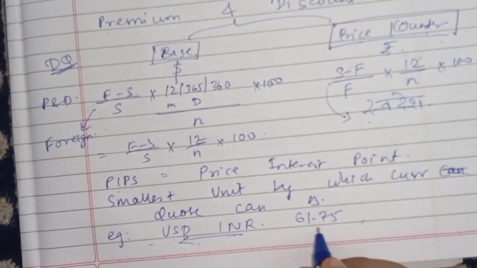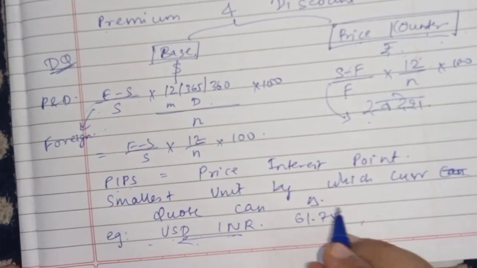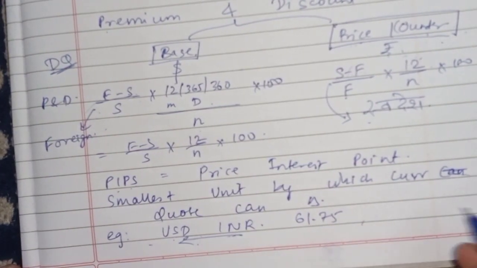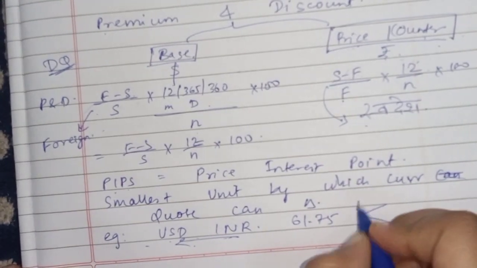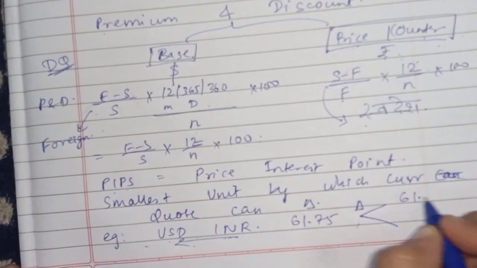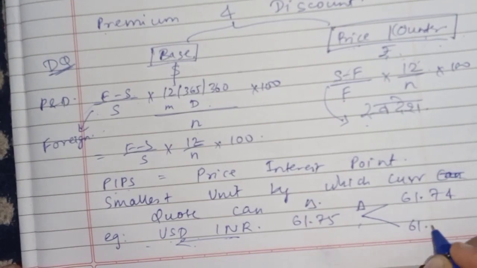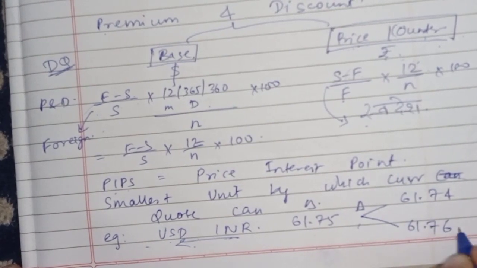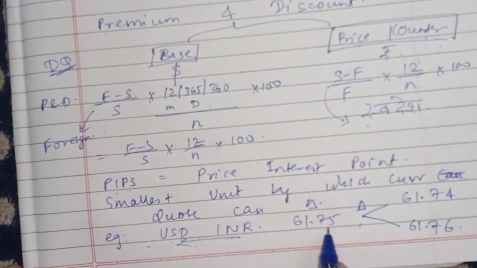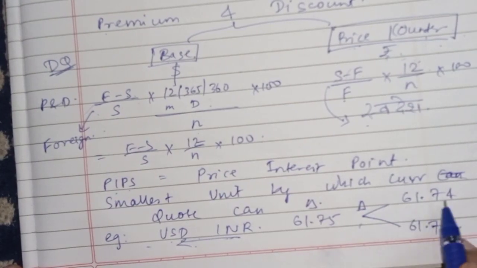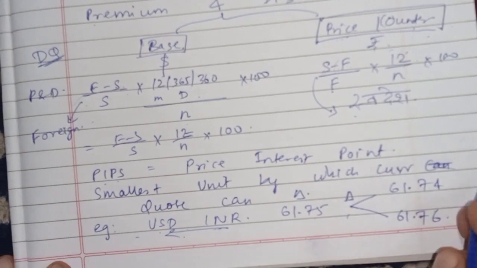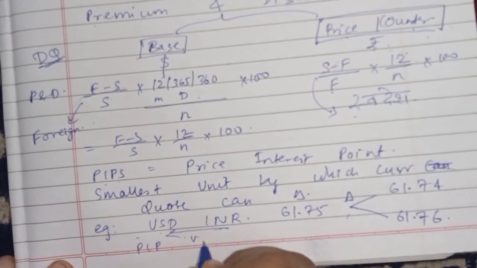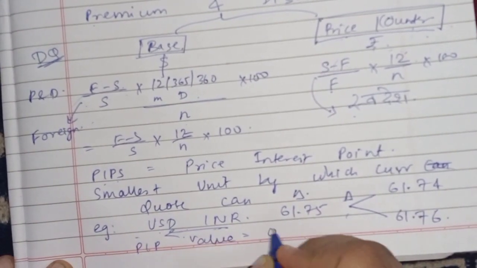So this 61.75, when we are looking for the forward rate or any other case, can either decrease to 61.74 or increase to 61.76. So what is the PIPS value in this case? The PIPS value will be 0.01.